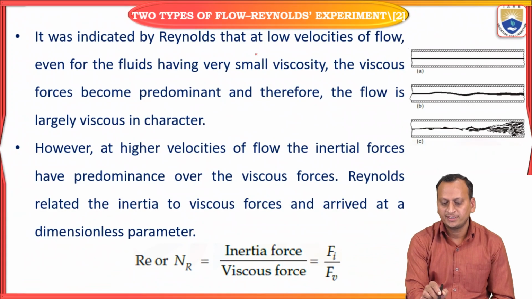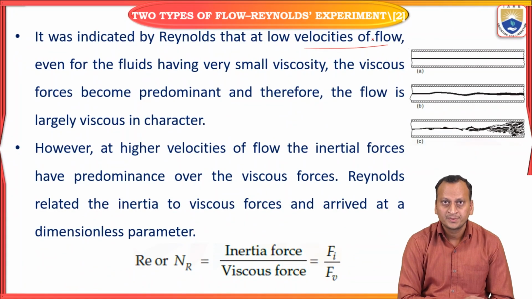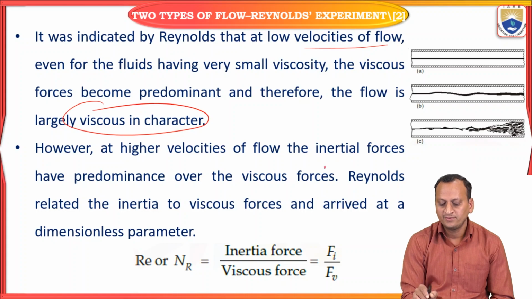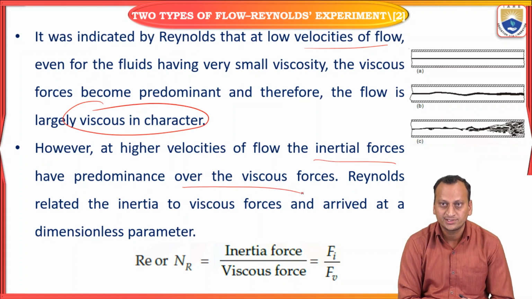So it was indicated that at low velocity of flow, even for fluids having a very small viscosity, the viscous forces become predominant, and therefore the flow is largely viscous in character. However, at higher velocities, inertia forces have predominance over the viscous forces.